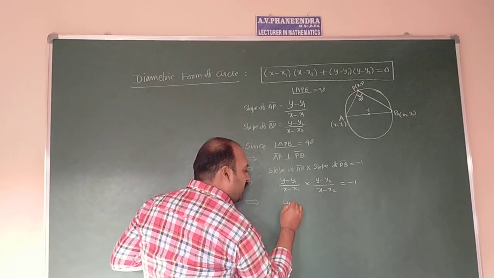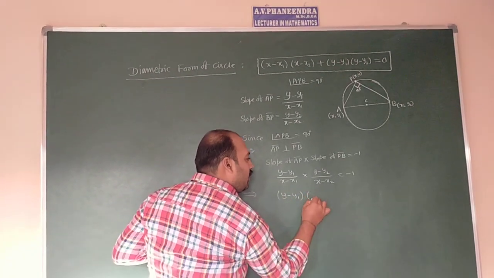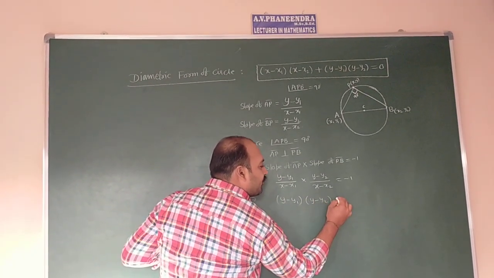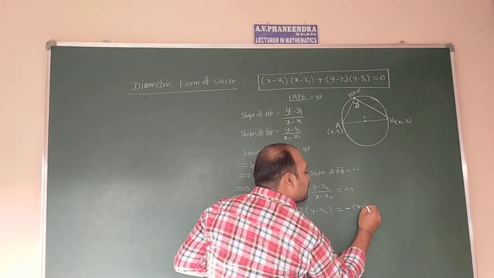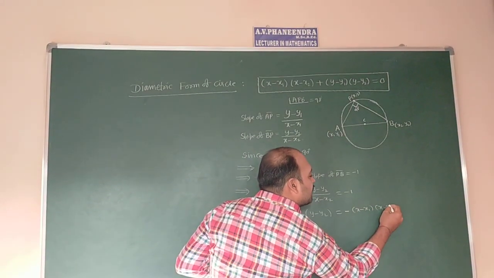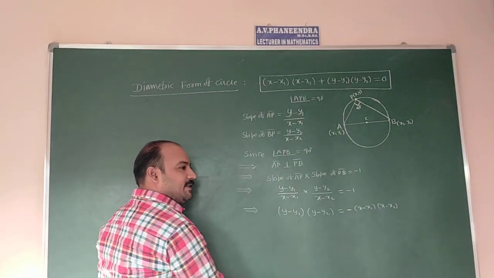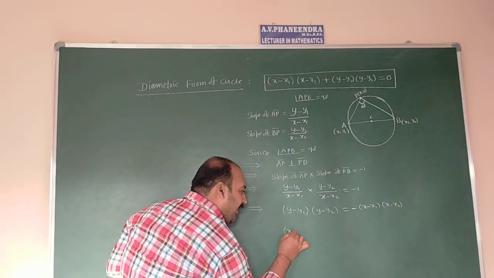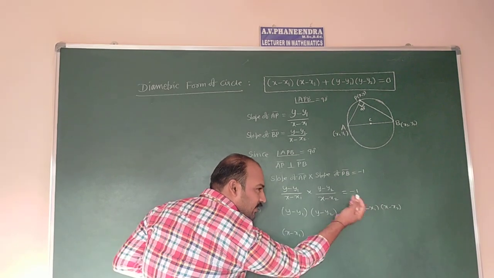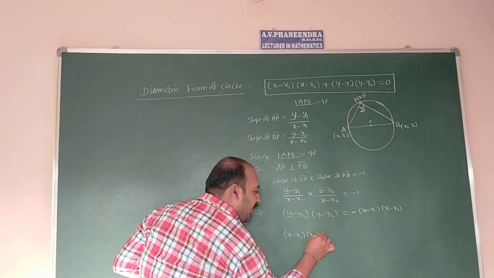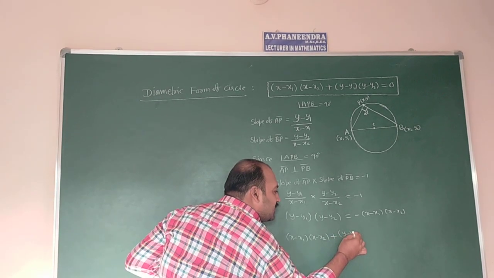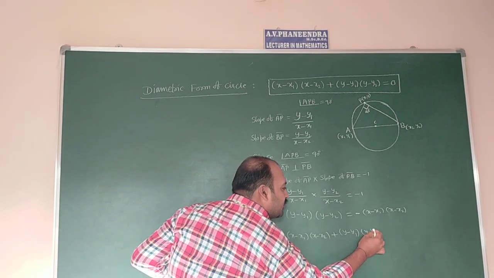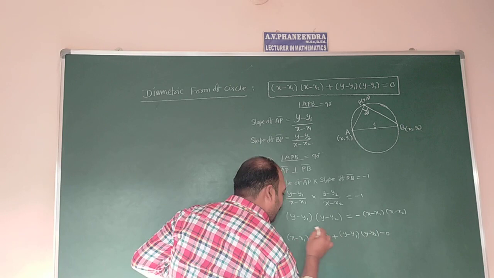Y minus y1 into y minus y2 is equal to minus x minus x1 into x minus x2. We can take this value to this side. So x minus x1 into x minus x2 plus y minus y1 into y minus y2 is equal to 0.